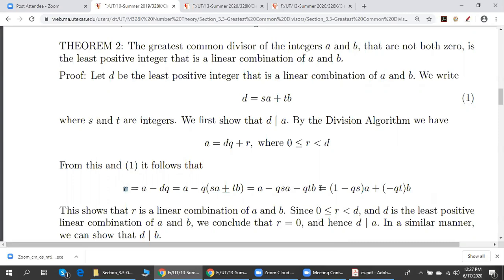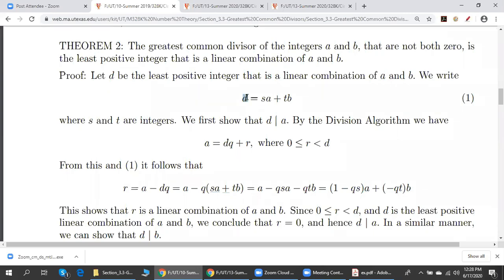R is equal to this. Note that 1 minus QS is an integer. Negative QT is an integer. Conclusion. R is an integer linear combination of A and B.